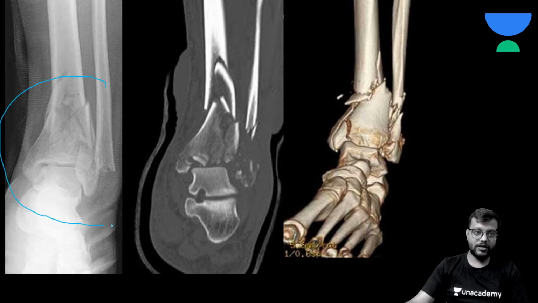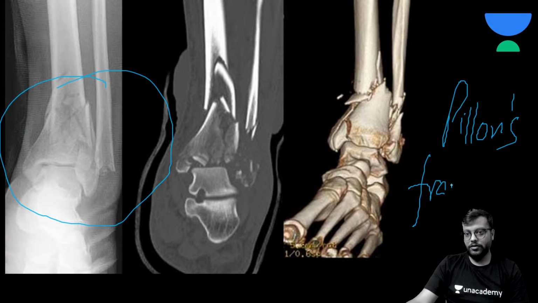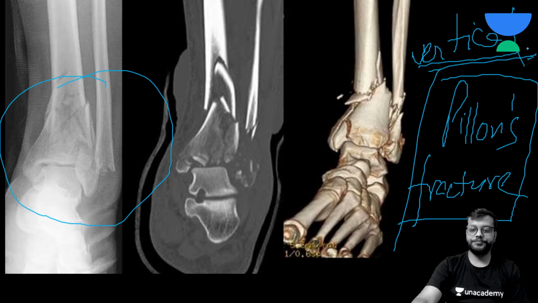So this is your Pilon's fracture. Okay, understood. Vertical force की वजह से या vertical compressive force की वजह से होता है.